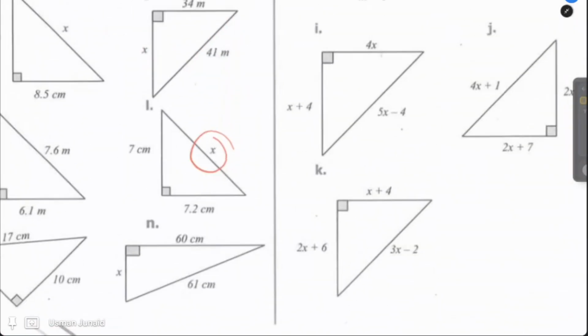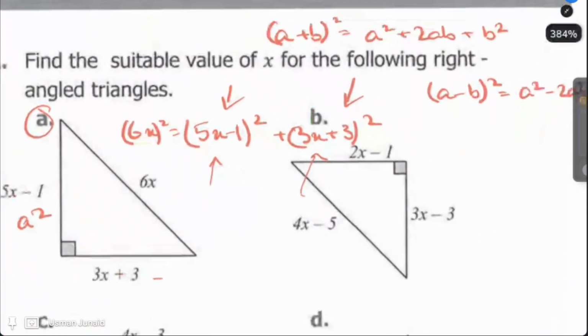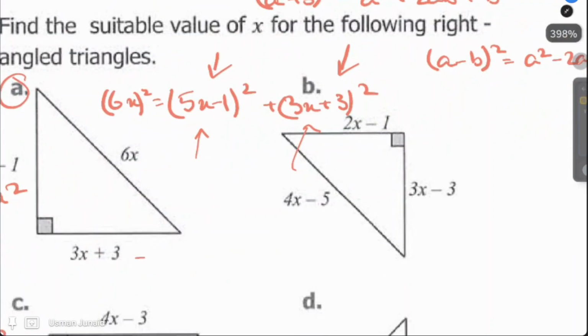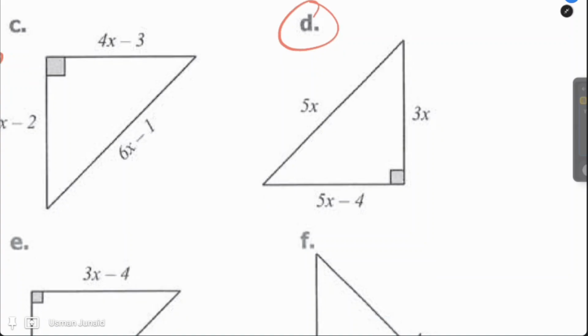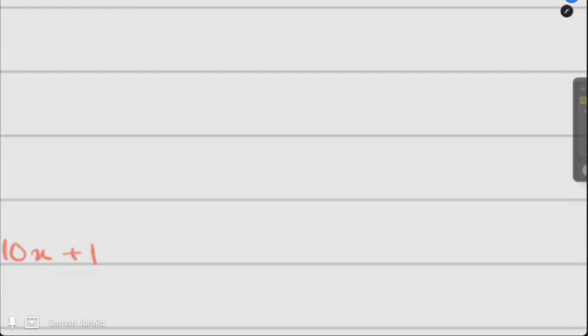Let's look at another question. Let's look at a simpler question. Let's look at D. So, can you solve D up until here?